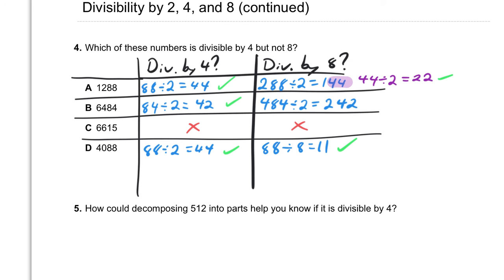And now we just look at the last 2 digits, and we go 42 divided by 2, and we get 21. And now we know that that's not a multiple of 4. 42 is not a multiple of 4 because 21 is an odd number, so this one does not work. So we know that this right here is our answer, B.